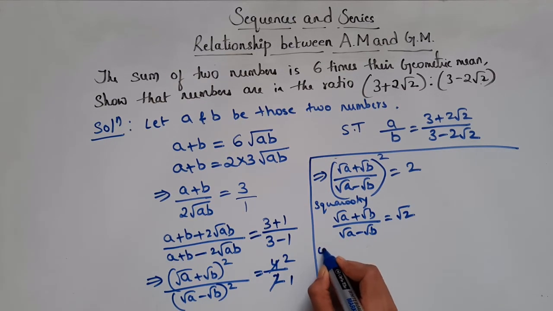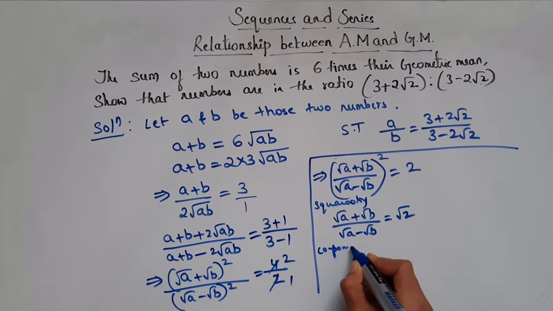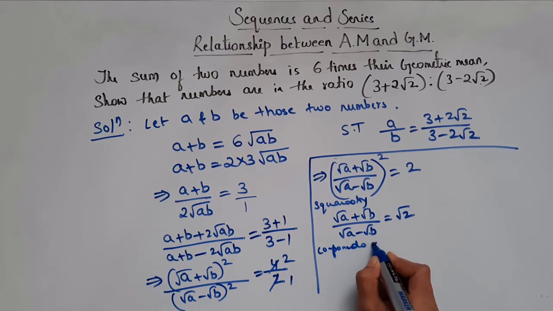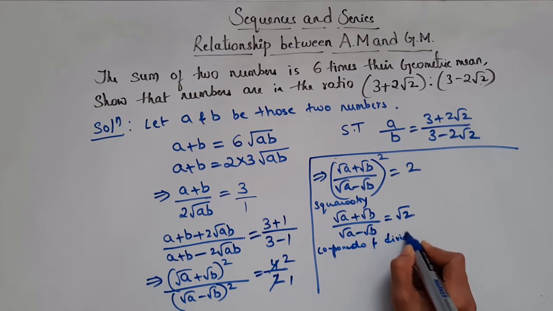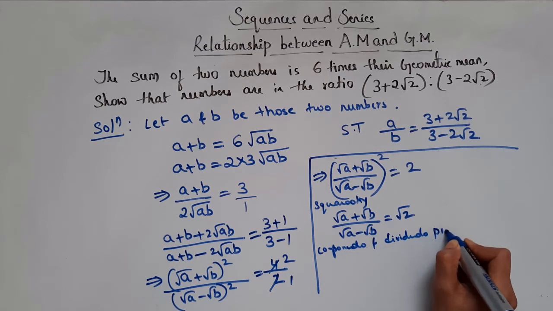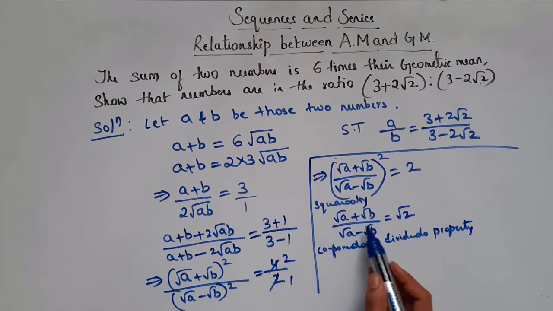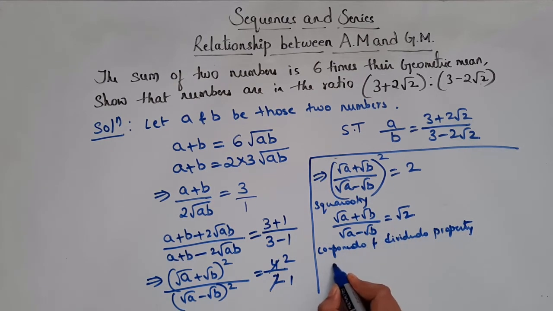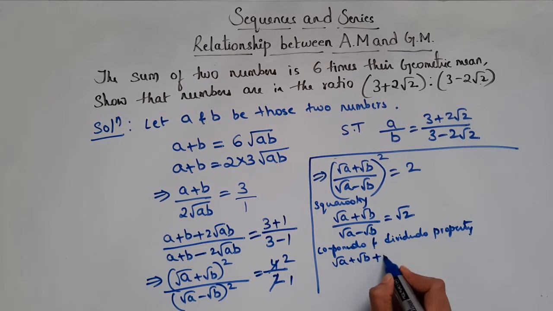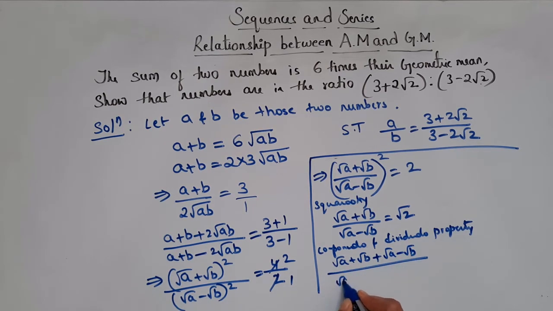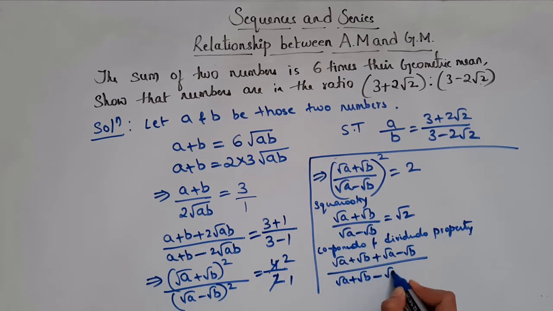Alright, so let's see the componendo and dividendo property. So here A is root a plus root b, B is root a minus root b. So let's apply: root a plus root b plus root a minus root b, by root a plus root b minus root a, minus of minus is plus root b, right?